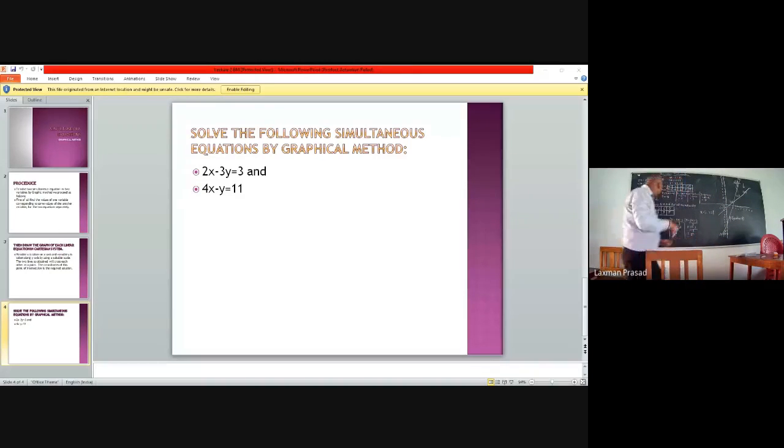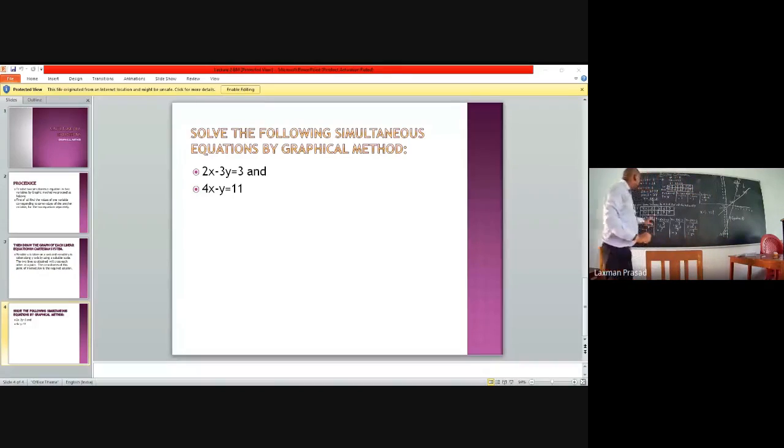Then if the value of x is 3, then the value of y is 1, positive 1.